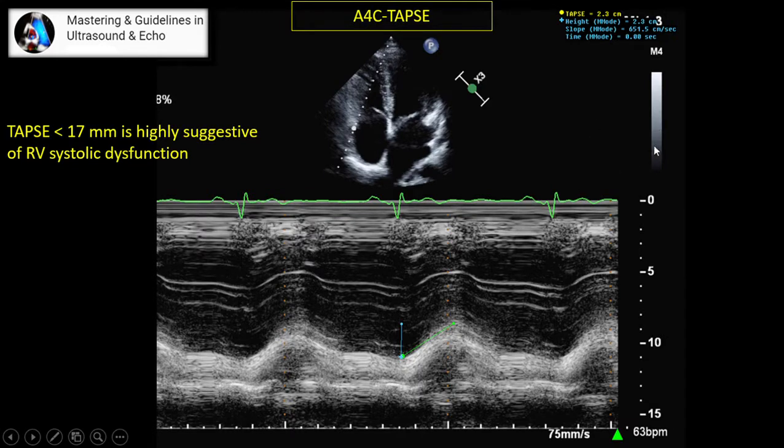After we finish the systolic and diastolic evaluation of the left ventricle, from there we go for the systolic evaluation of right ventricular function. The first is TAPSE. For TAPSE, as I mentioned in another lecture, you have to put your cursor at the lateral annulus.